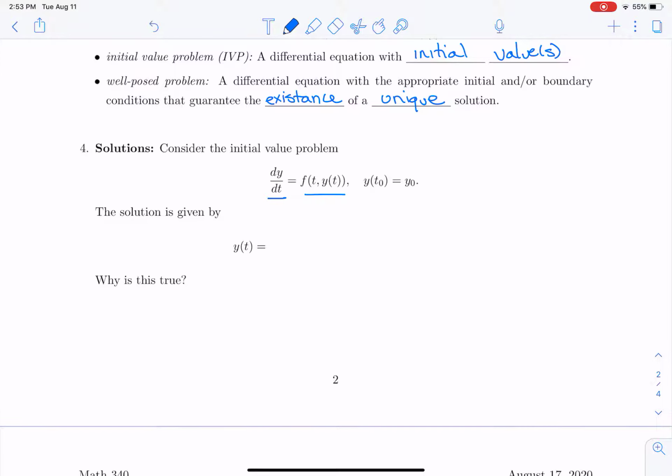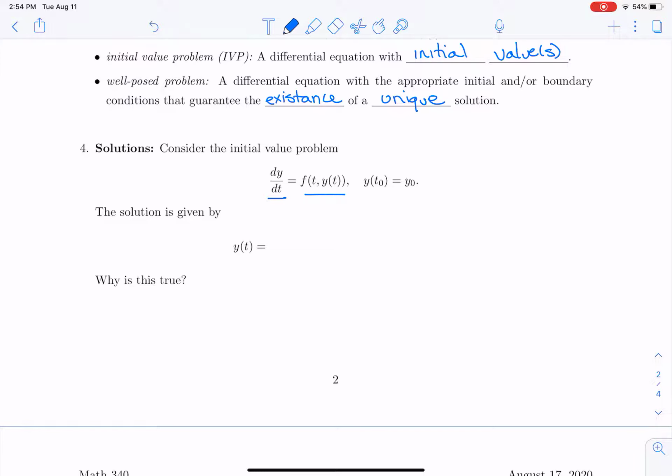Notice that the right-hand side of the differential equation is a function of t, the independent variable, and y, the dependent variable. In our first example, that function was just a constant, or we could think of it as a function of the independent variable t. But these recent examples about population growth were functions of the dependent variable. And so we can have the right-hand side be a function of both of those.